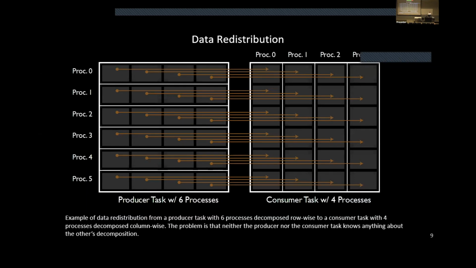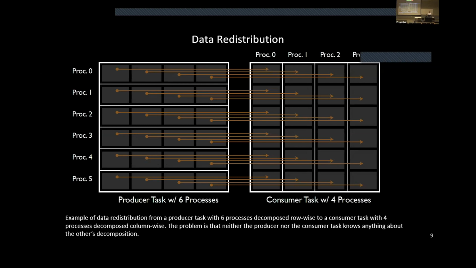And one of the key things that we need to address is how to redistribute data from M producer ranks to N consumer ranks, where M doesn't have to equal N. And even if it did, even if those two were the same, there could still be entirely different decompositions. For example, on the left side, the producer has a row-wise decomposition of a 2D space. On the right side, the consumer has a column-wise decomposition. And neither one knows about the other.